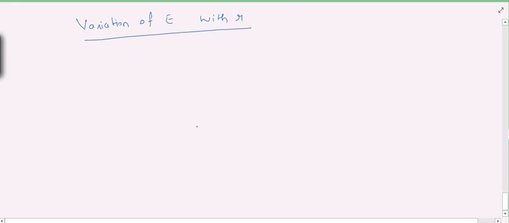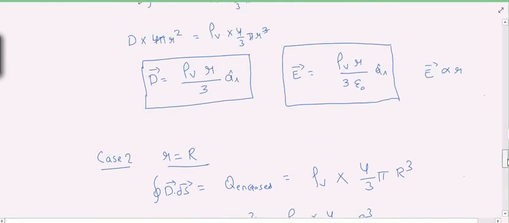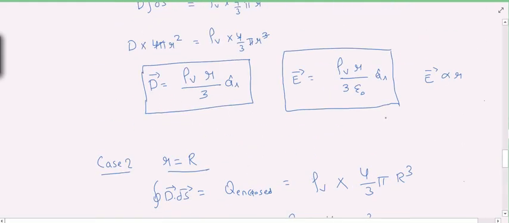So let us plot this magnitude only. So first I will write what is the value of E. So for the Gaussian surface smaller than R, it was rho v r by 3 epsilon naught a r cap.